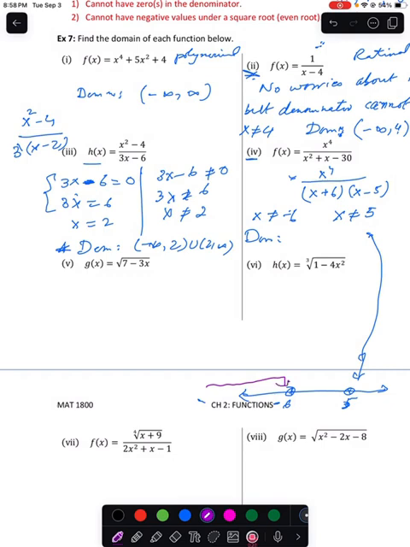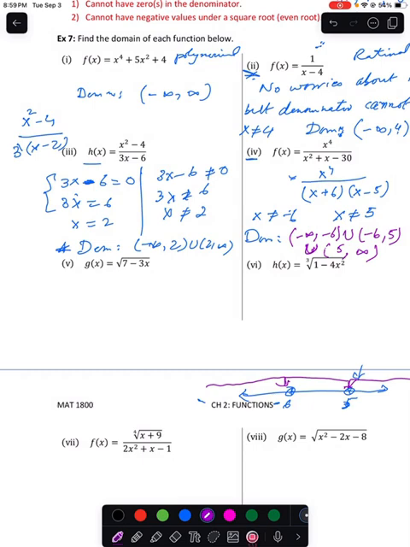We omit that, which means we use parentheses. Then from here to 5, and again we throw 5 away, and then from 5 to infinity. So the domain will be negative infinity to negative 6 union negative 6 to 5 union 5 to infinity. So that will be the domain.